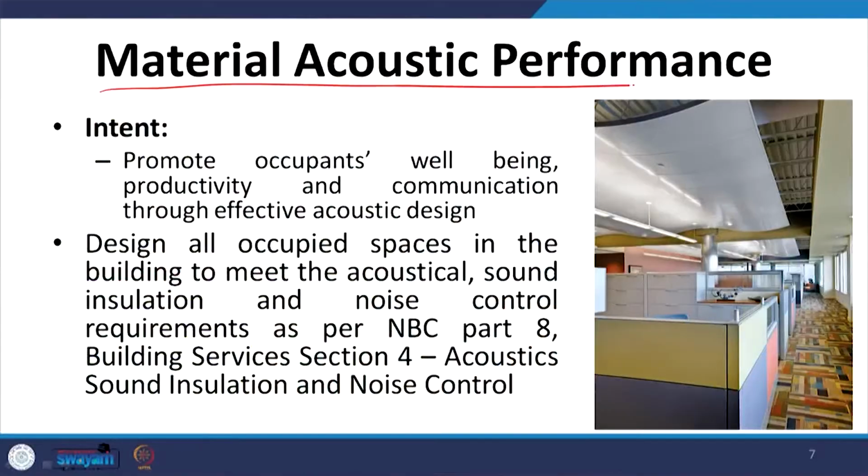The next is acoustic performance. Often in Indian buildings we ignore the acoustic performance of the buildings and the materials which are being used in the building interior. We talk about visual comfort, we talk about thermal comfort, but we often forget about the acoustic comfort.